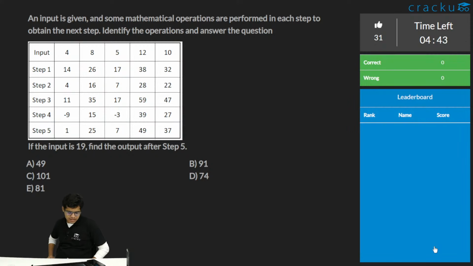I can see a pattern very easily in step 1. Step 2 also you can easily find a pattern. Step 3 also. Step 4 also. Step 5 also. Yeah, I have cracked it.